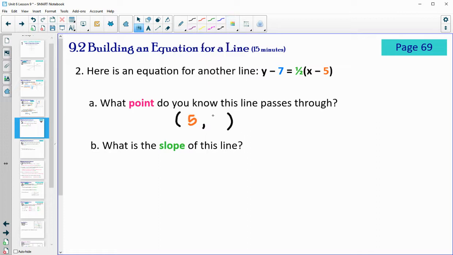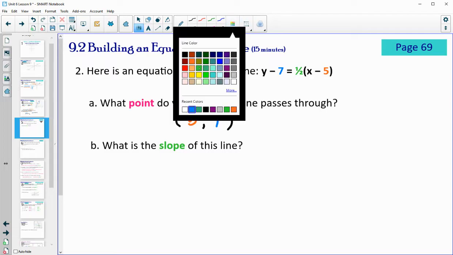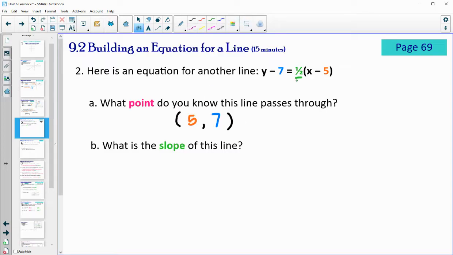So we know that the point (5, 7) is on this line, or that the line goes through the point (5, 7). And then the slope is the number out front here multiplied by the x portion. So the slope here is 1/2. So we know that this line has a slope of 1/2 and passes through the point (5, 7).